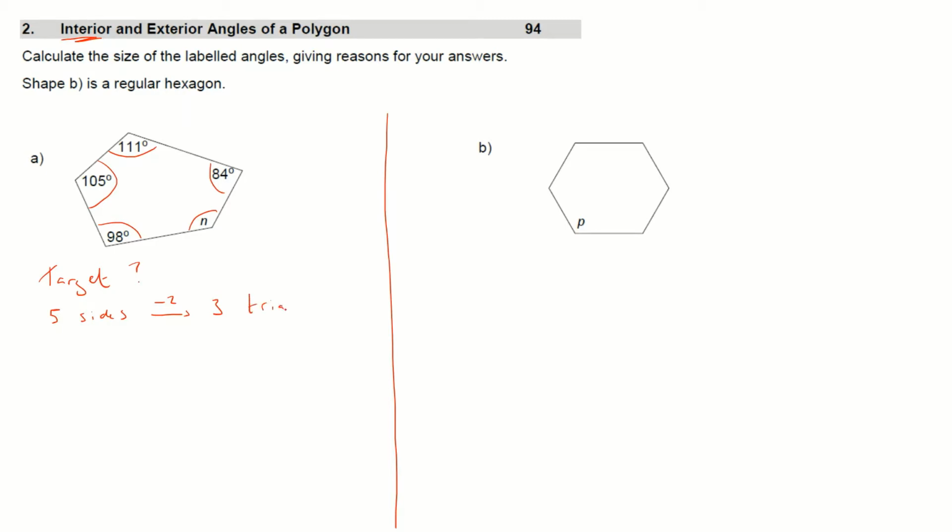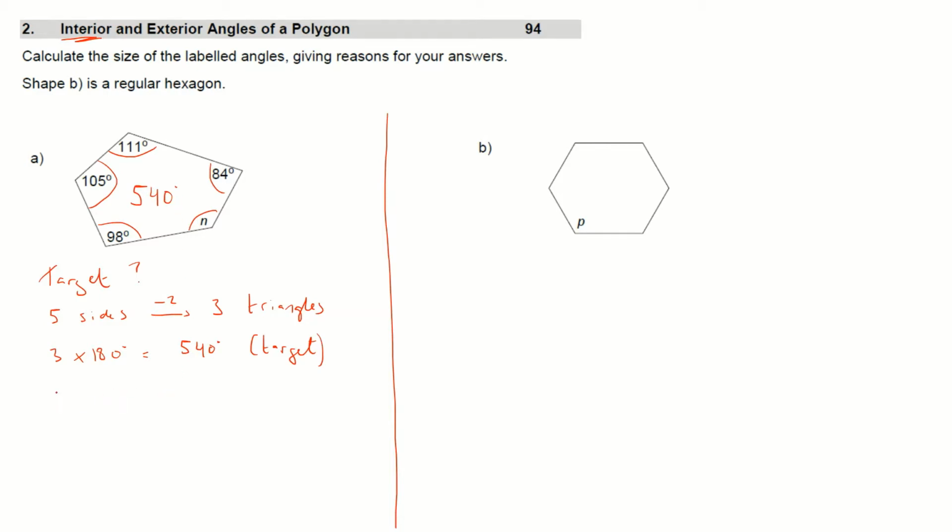And that means that in this shape, there'll be 3 triangles. I'm not going to draw the triangles in because you should have seen it in a previous lesson and in year 8 as well. Remember, in every triangle, the angles add to 180 degrees. So 3 times 180 degrees on the calculator is 540 degrees. So that means for this pentagon, my target number is 540.